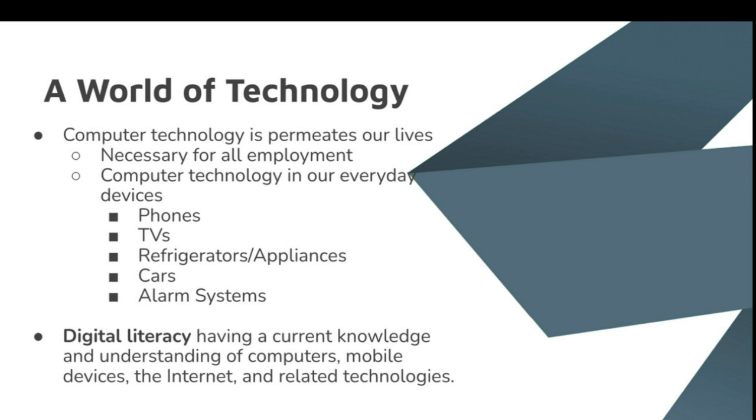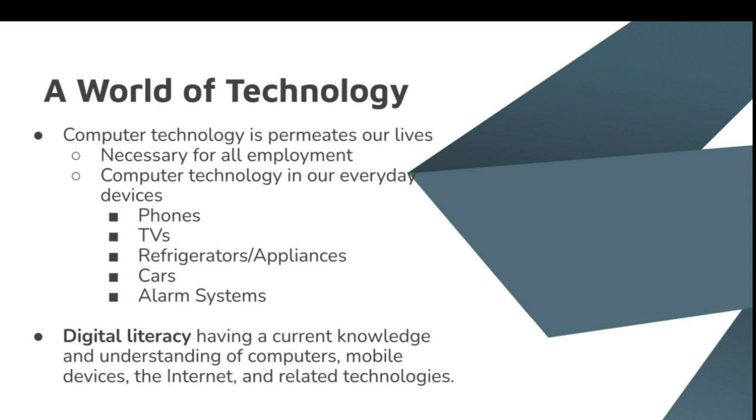Section 1 of Chapter 1, A World of Technology. So a world of technology is basically telling you that computers are everywhere. They permeate our lives in every aspect of our lives. It's necessary that you learn computers for all employment. And the computer technology is everywhere.